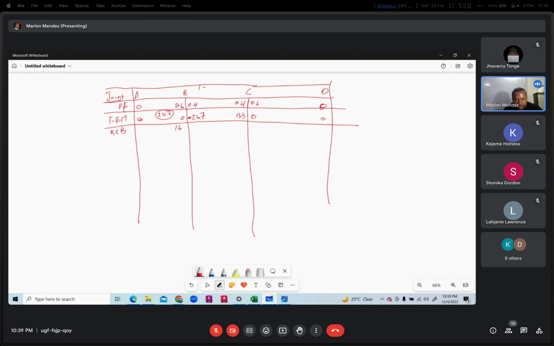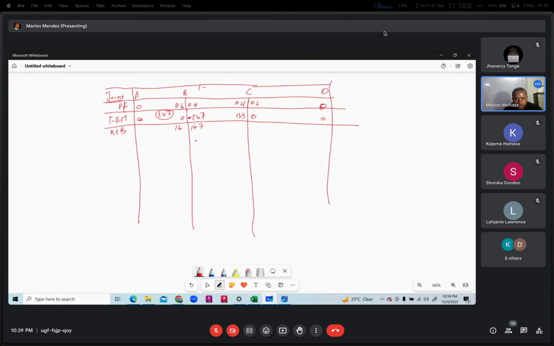So this factor becomes here, because we're sharing the moment onto the beam and the column. So this becomes 10.7. Okay, so that is happening there.